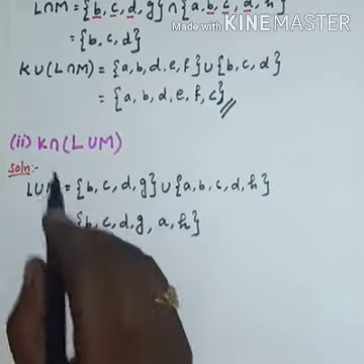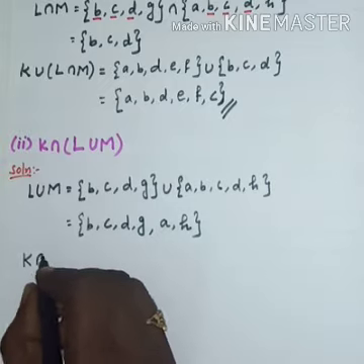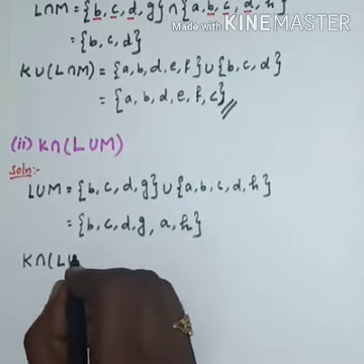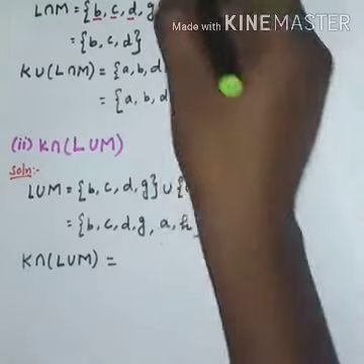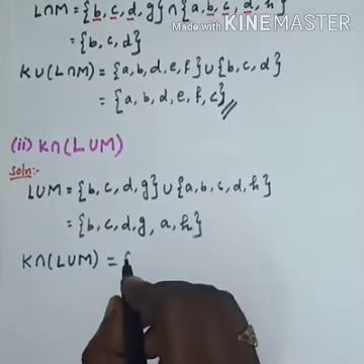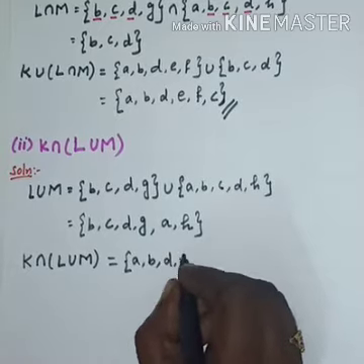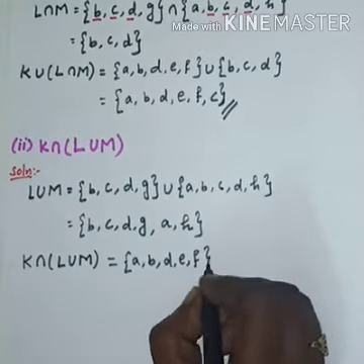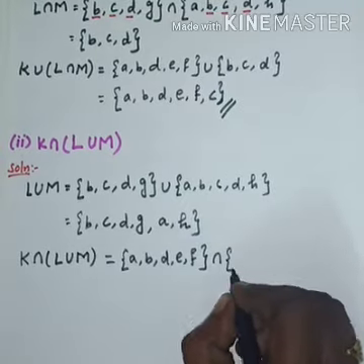Now we have to find K intersection (L union M). Okay, what is K? What are the elements of K? A, B, D, E, F. This is the set K, and put the intersection symbol here.